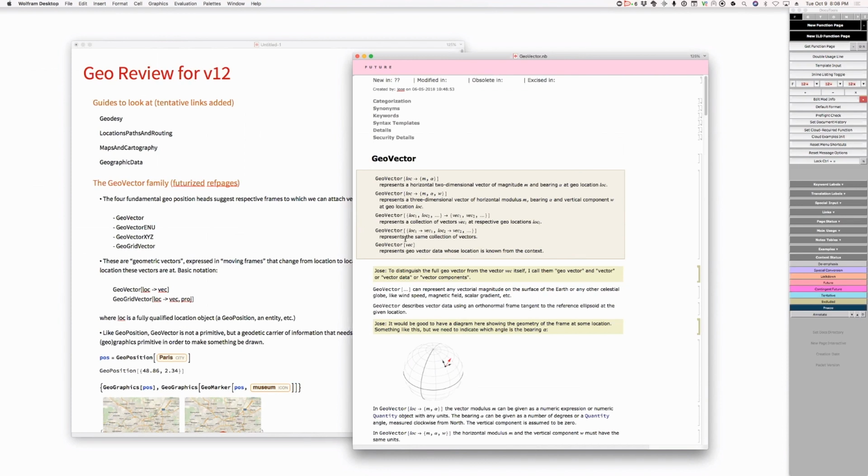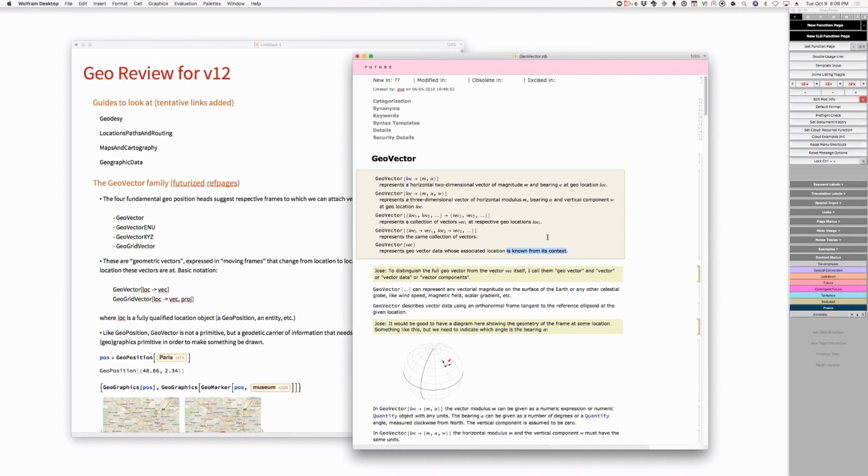I think we shouldn't say the same collection here represents a collection of vectors at respective geolocations. Do we say that? I think I've seen that in... Okay, all right. Represents GeoVector data. How about something like that? Yep. Whose associated location is... I don't like using context because it reminds me of our contexts. I see. Yeah.